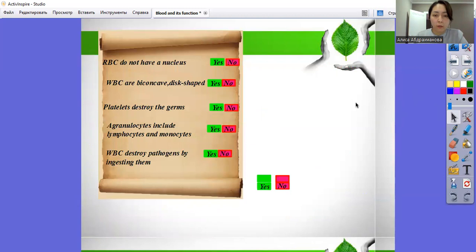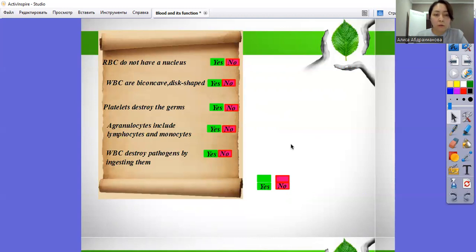Okay, here are statements, and you can choose yes or no. And if your answers are correct, the green button will rise. And if you have incorrect answers, the red button will rise. RBC do not have a nucleus. Так.